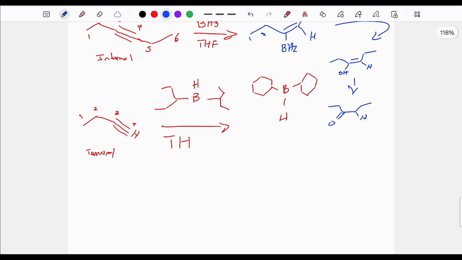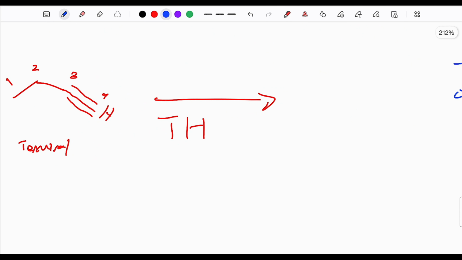Great. What about the use of a sterically encumbered borane in this case? Well, you can abbreviate this as BR2. If you want, there are specific abbreviations.